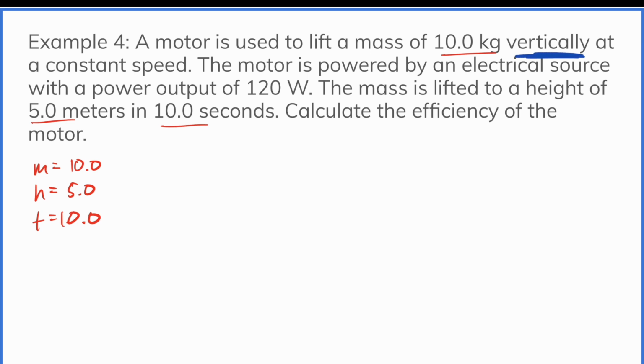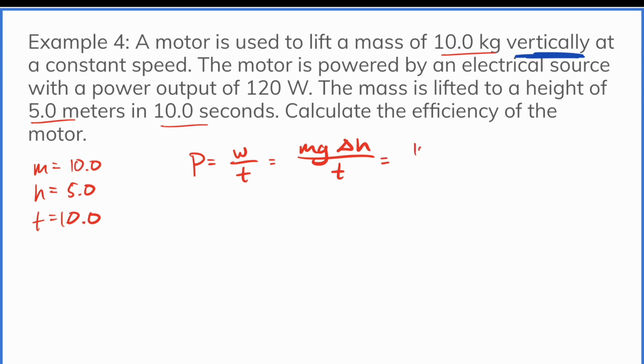So the only real type of energy is gravitational potential energy being given to this mass. And so we can figure out the power because power is the work done per unit time. In this case, the work done is the increase in the gravitational potential energy of this object. So the power is going to be mg delta h all over time.